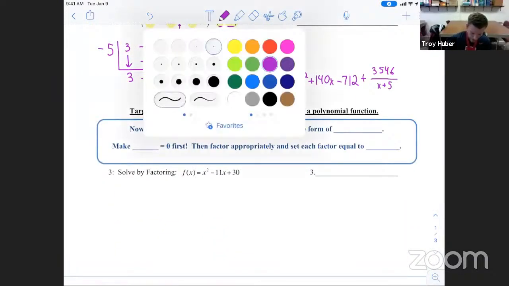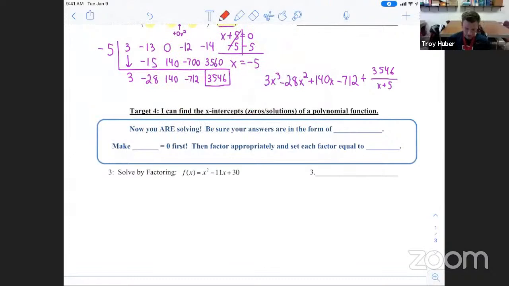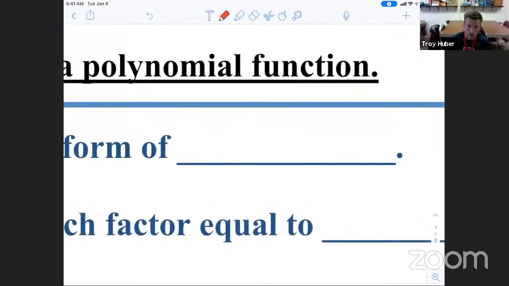All right, in this next part, we are going to be finding the x-intercepts or the zeros, or also called the solutions. So x-intercepts, zeros, and solutions are all the same thing. All right, so now we are going to be solving. Be sure your answers are in the form of x equals a number.